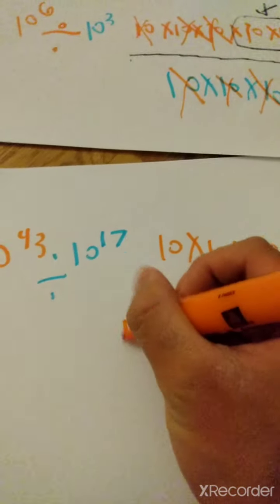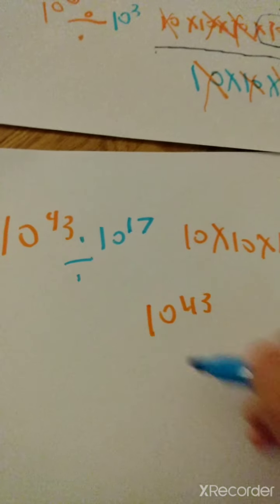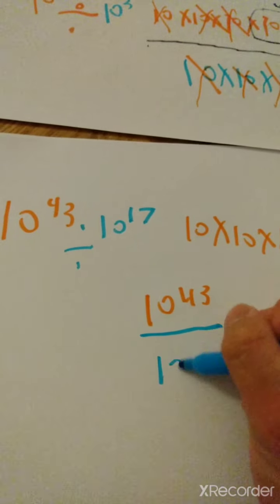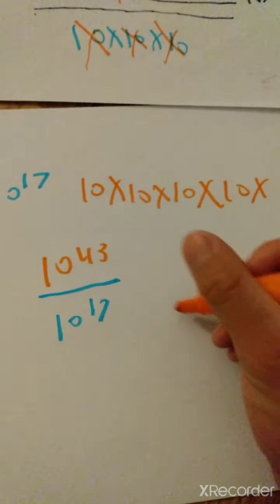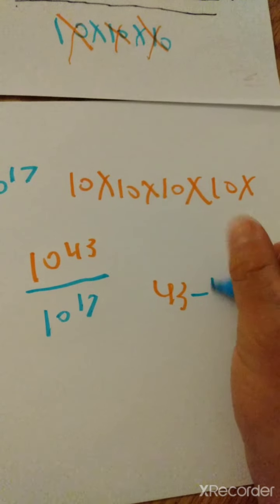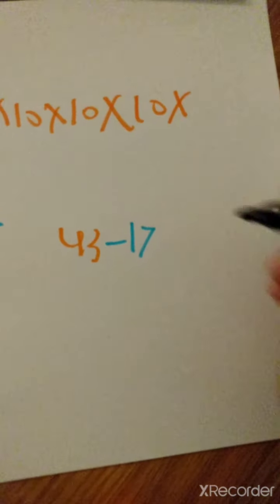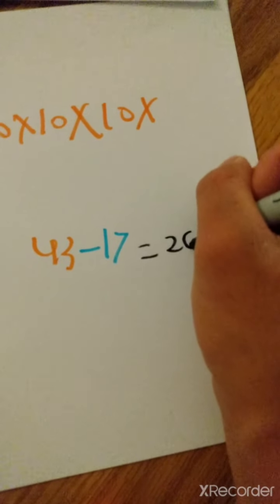So if we put 10 to the power of 43 on the top, and we divide that by 10 to the power of 17, we're going to have to do 43 minus 17. If we do that, we get 26.